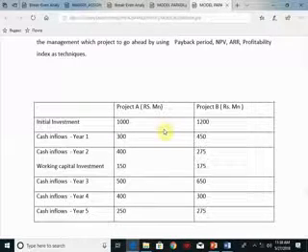How do we get the discounted values? You have 1200, that's the initial capital investment. Then 450, 275, 650, 300, 275.